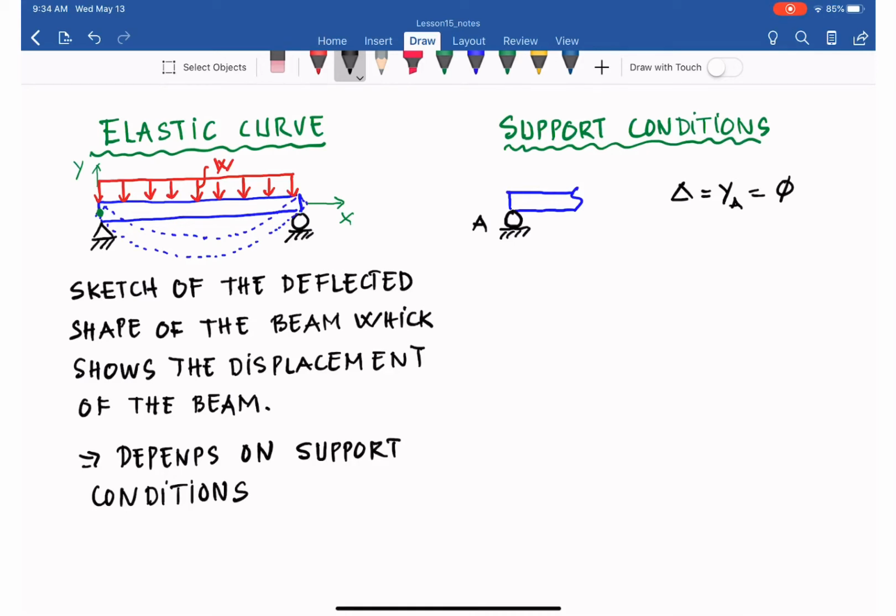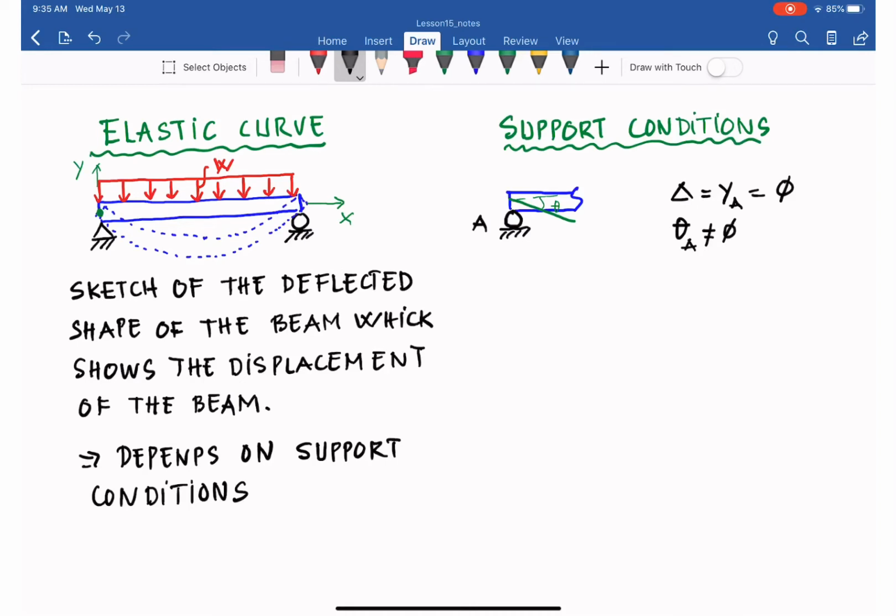The angle of the deflection may go down like this for the beam, and the angle theta at that point will not be 0. In this case, theta A is non-zero.